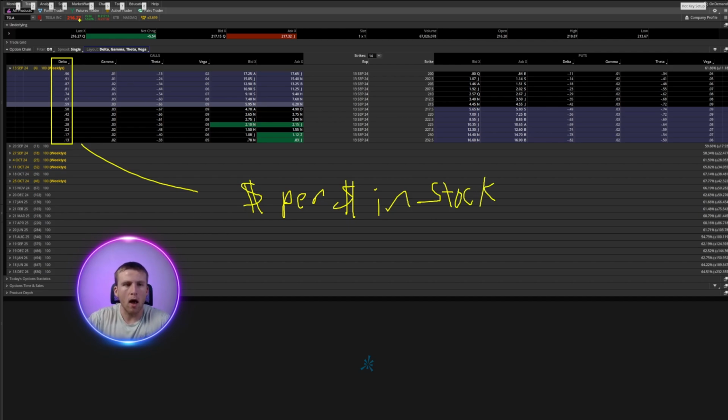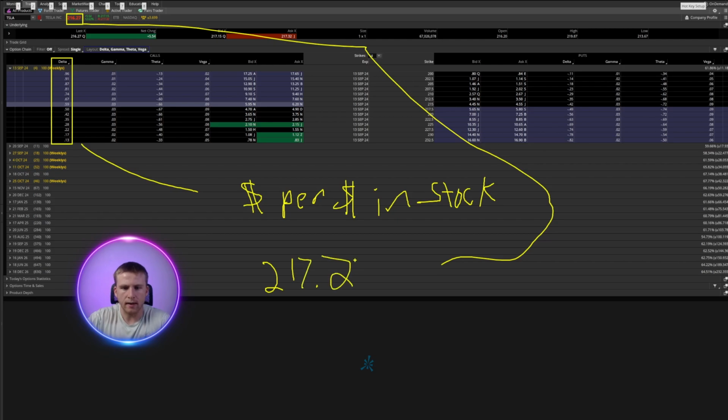So hypothetically, Tesla's at 216.27. So let's say Tesla goes to 217.27. So it gains $1. If we were trading this contract right here, we can expect to gain 0.50. So remember, if it's a 0.50, we have to multiply it by 100.